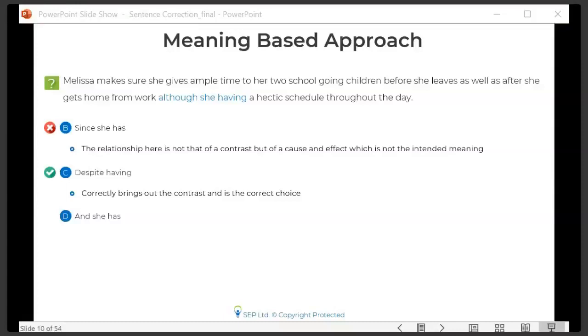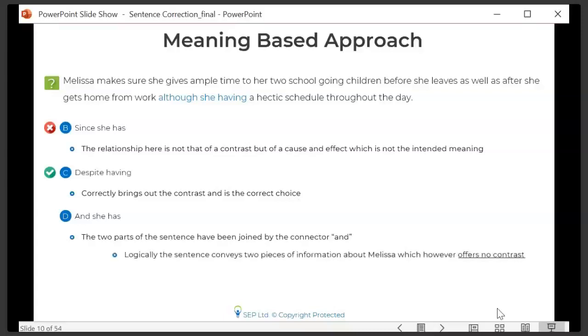Now, the thing is that it is not grammatically incorrect. Therefore, what is the problem with choice D? The problem with choice D is it conveys a very different meaning, okay? It tells you there are 2 parts to the sentence. They have been connected with and, but there is no contrasting relationship between the two.